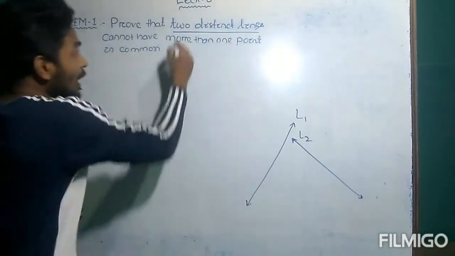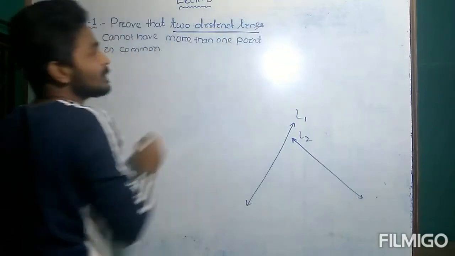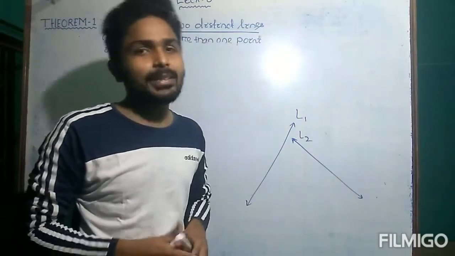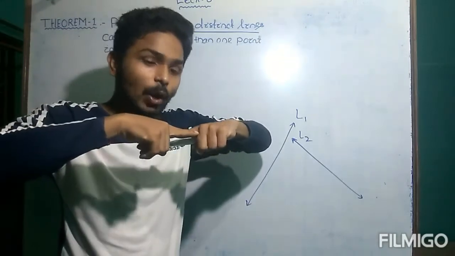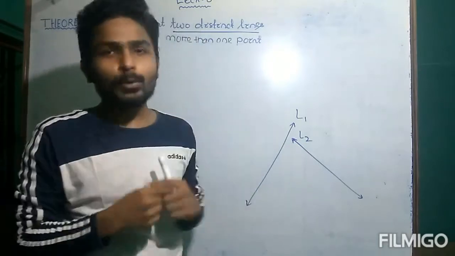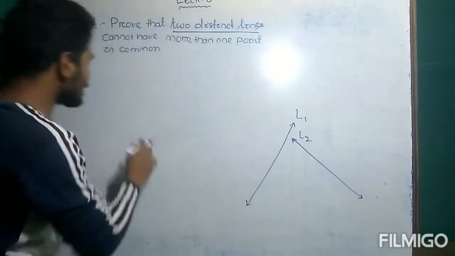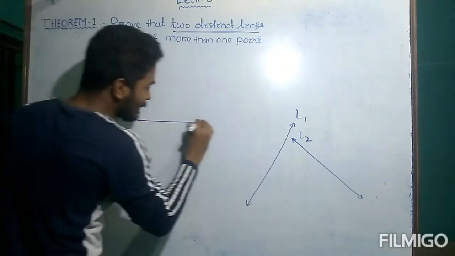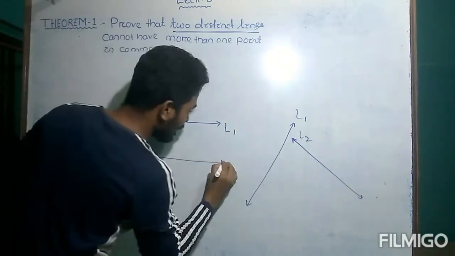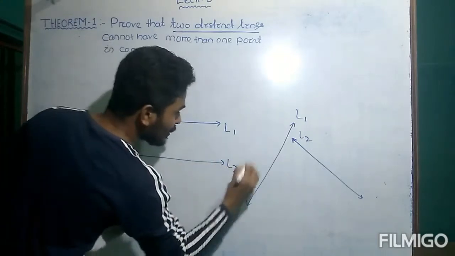Right? Focus on the words two distinct lines. What is the meaning of distinct lines? Two lines are said to be distinct if the two lines do not coincide with each other, if the two lines are not superimposed on each other. Let me tell you an example. Suppose there are two lines, line L1 and another line L2.